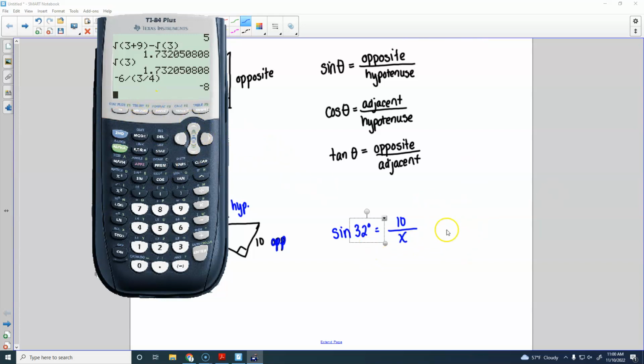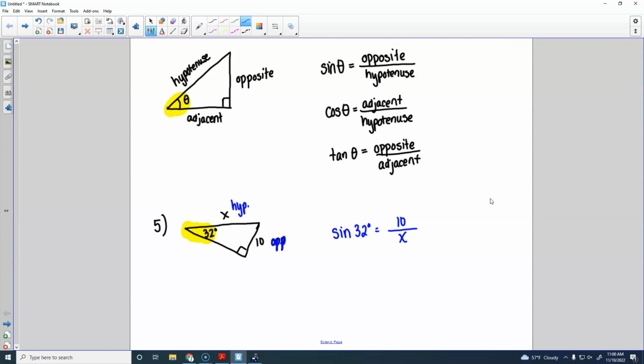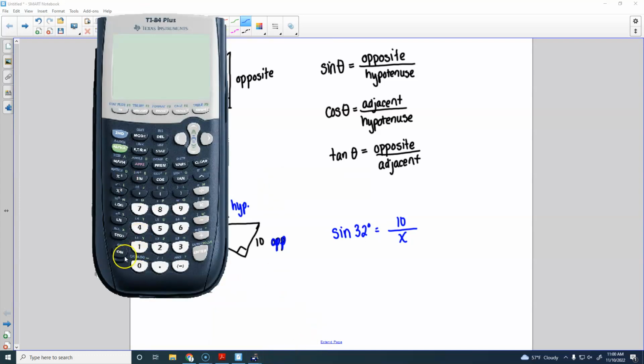So, yes, I will have to give you your calculator on all trig stuff, because sine of 32, your calculator has it stored there. Your calculator has it stored that sine of 32 equals this ratio. It equals this number right here. So, when you see sine of 32, it looks like it's a variable or something weird, but it's really just 0.5299.